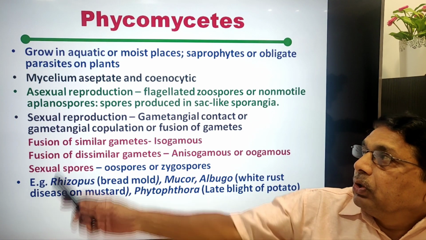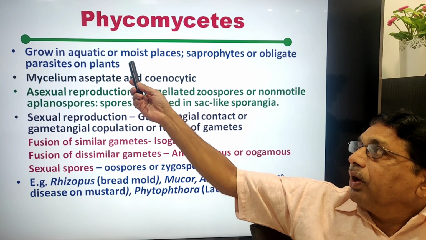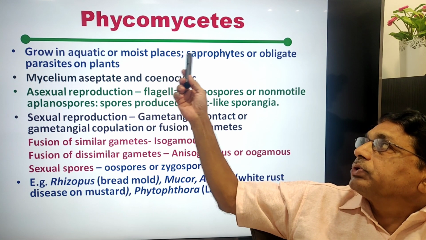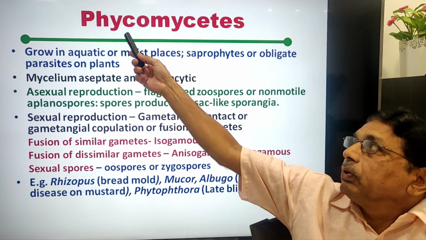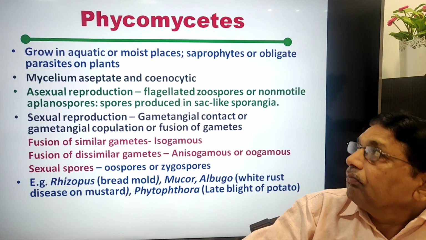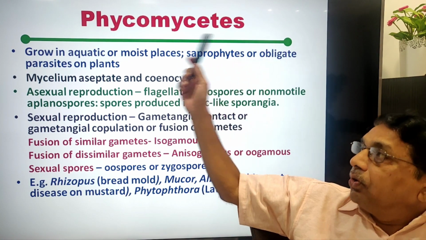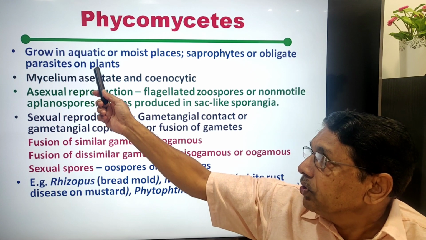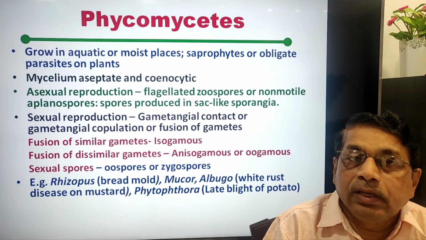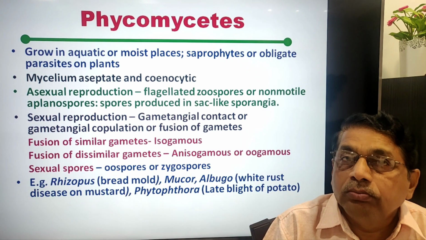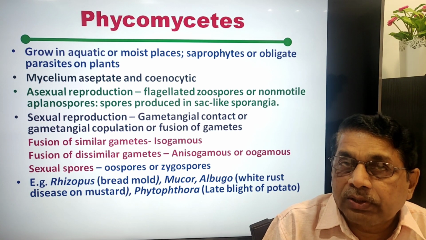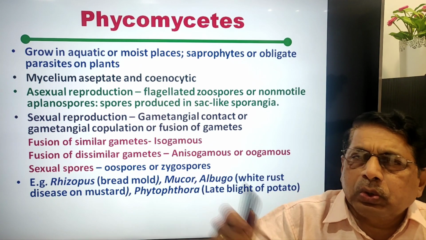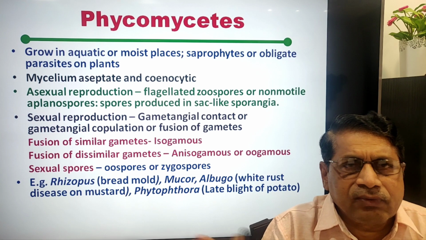Phycomycetes grow in aquatic, moist places. Phyco means water. Saprophytes or obligate parasites on plants, like Phytophthora, Albugo, Peronospora. They are obligate parasites, total parasites. They don't have the saprophytic phase.